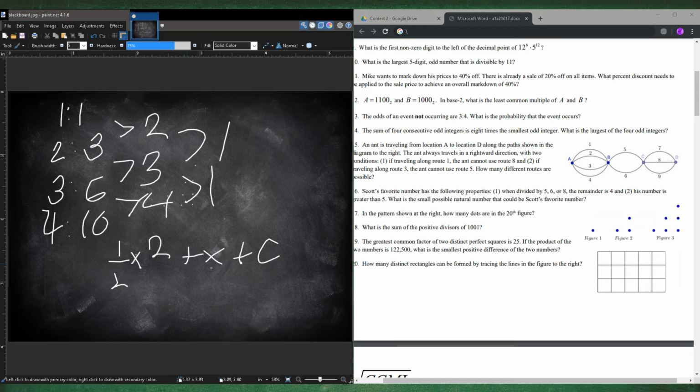I don't know what the coefficient of x is, so I'm just putting a placeholder. I know there's no constant c, because if you have a figure 0, it would just have 0, right? So when you put in 1, it's 1. So that's 1/2, so you've got a minus a half. So this is going to be the model.